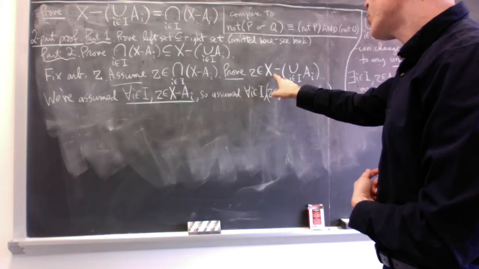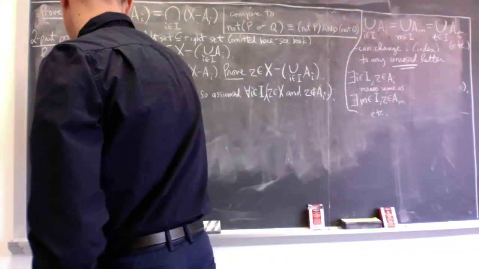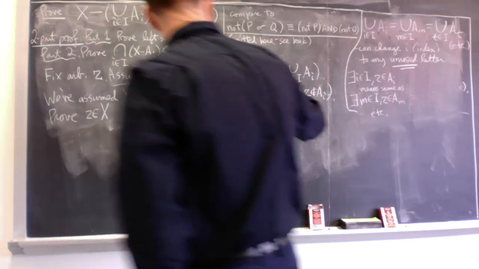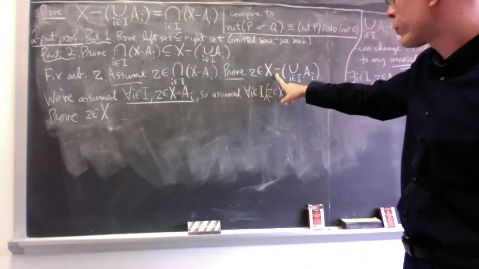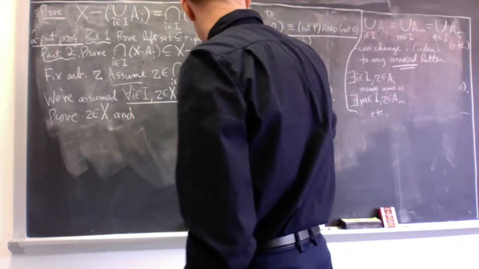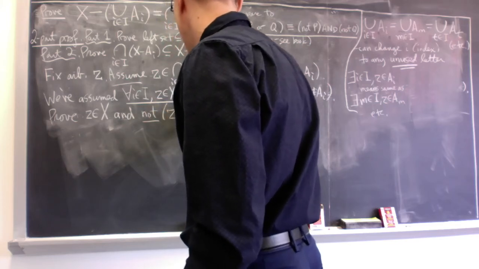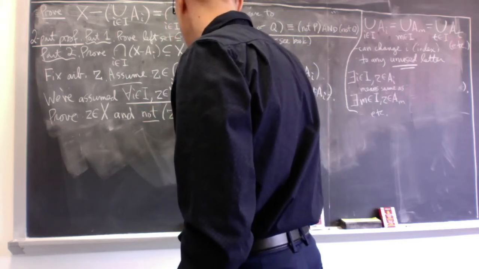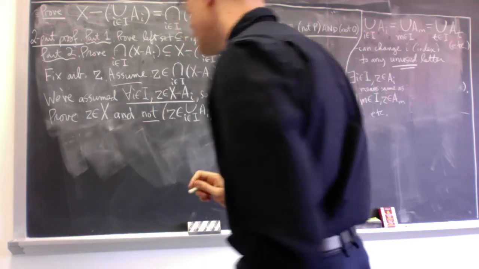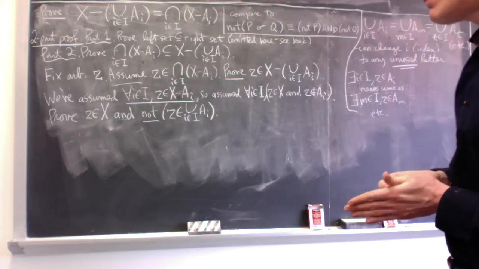And, okay, so now what do we have to prove? Prove Z is in X. Now I have to do the set difference definition first. And Z is not a member. Here I'll actually use the word not. Not, Z is a member of the union of the A sub I's. Okay, and what does that mean?